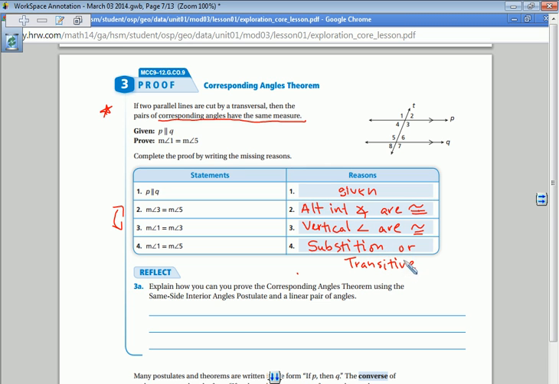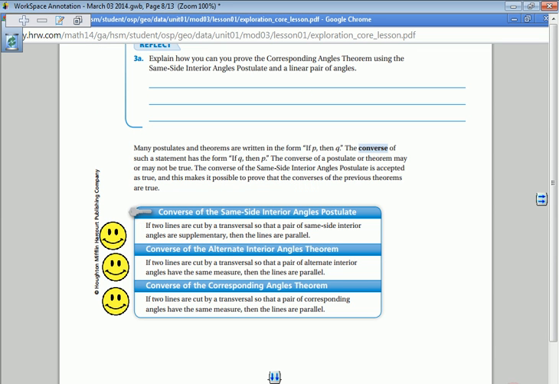Transitive property. Holy cow. Usually when we use transitive, they've given them to us in the right order to start with. So 3 would really need to come before 2. But I'm with you. Sounds good.